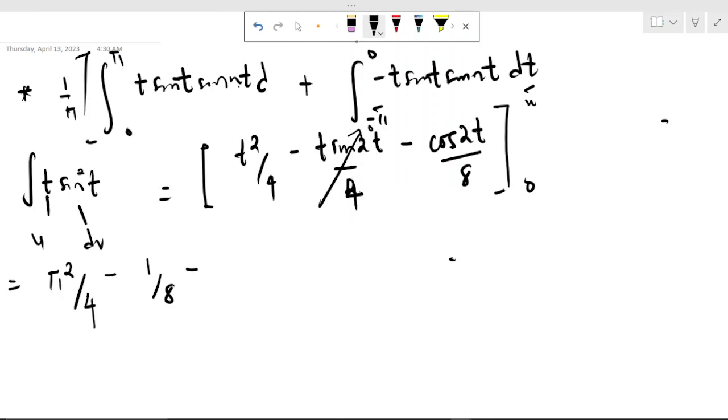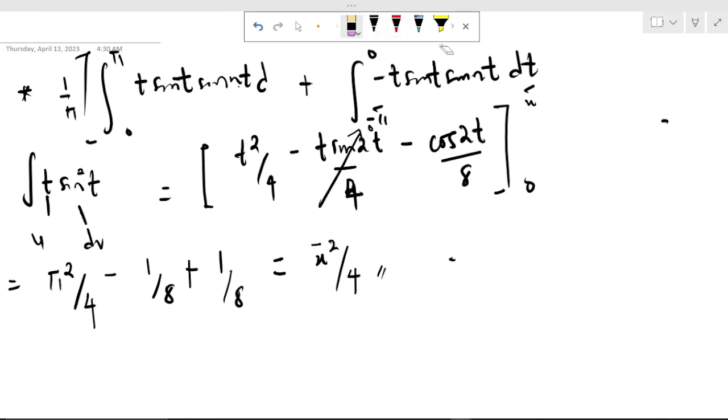Now we get plus, because negative here multiplies negative here. Plus 2 times 0, that's cos 0, which is 1 over 8. So for the range 0 to pi, the integral of t sine square t equals pi square over 4.